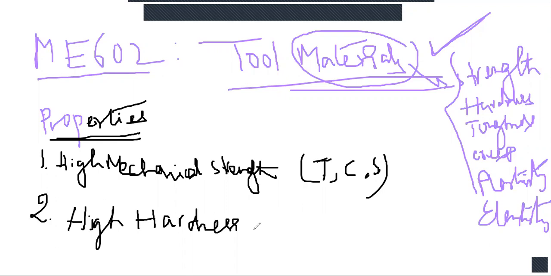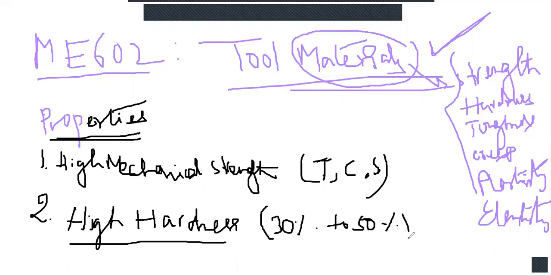Why is hardness required? Because if the job material and the tool material hardness are very close, then there is a chance of rubbing action. So the cutting tool material has the high hardness property, almost 30% to 50% more hard than the job material.